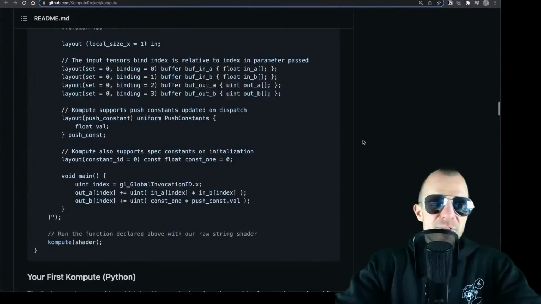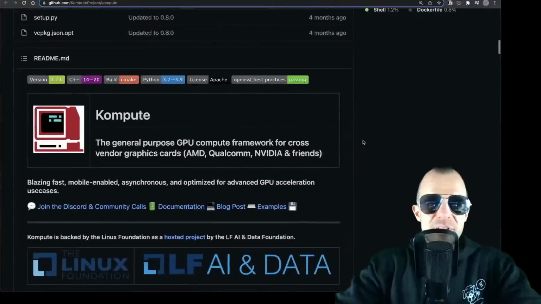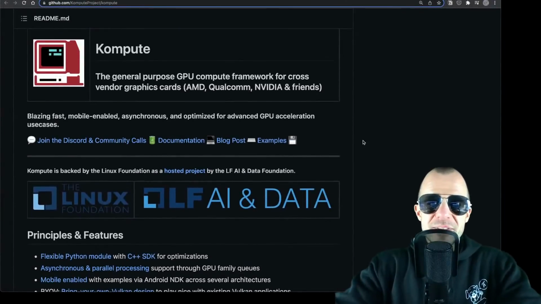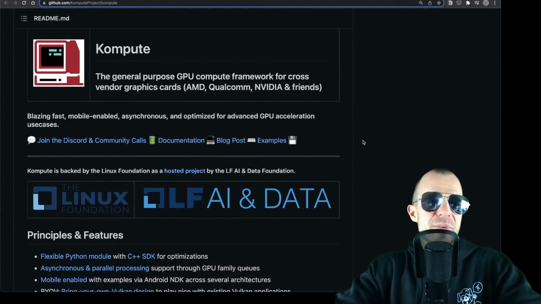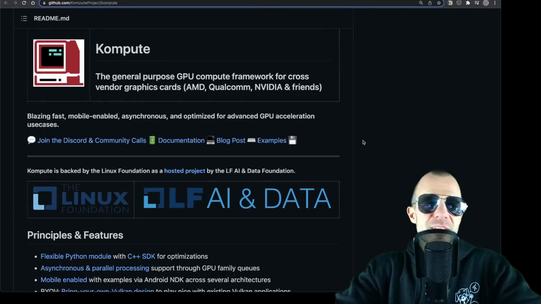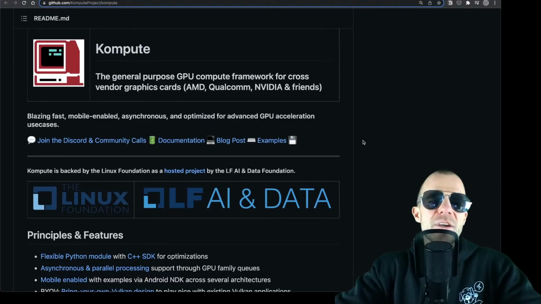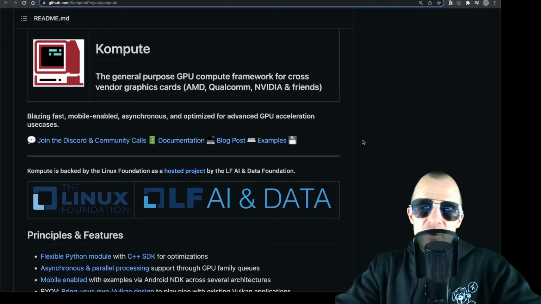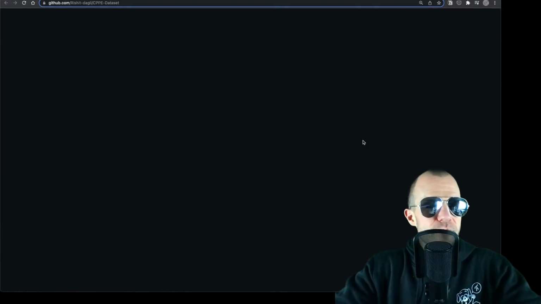So I have not much clue about this stuff. If you're interested in lower level but yet still abstract GPU code, then maybe give Compute a try. If you have something neat to implement and you think you could benefit from acceleration, but the frameworks like TensorFlow, PyTorch are just a bit too restrictive, this might be for you.